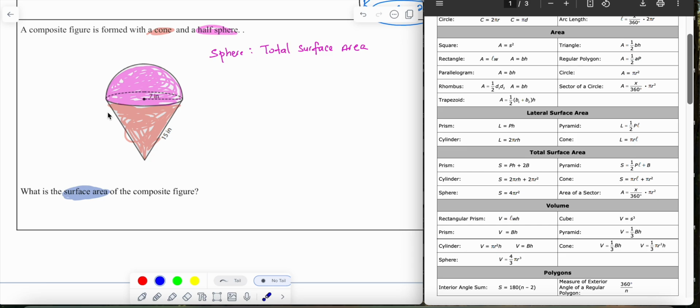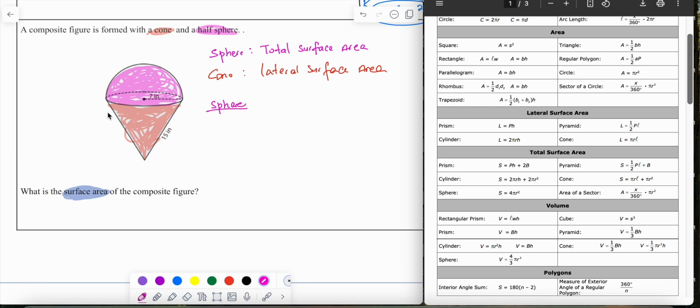So we will not use the total surface area for the cone, because that would include this part, which is not exposed. What is exposed is only around the side of the cone, and that is what we call the lateral surface area. So for the cone, we have to use the lateral surface area.